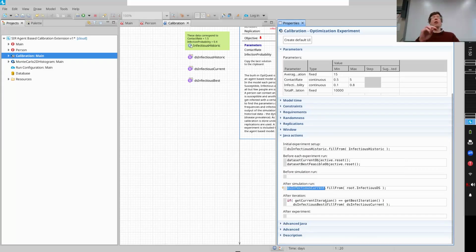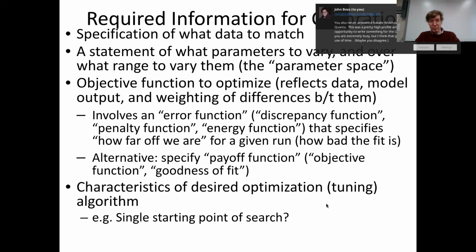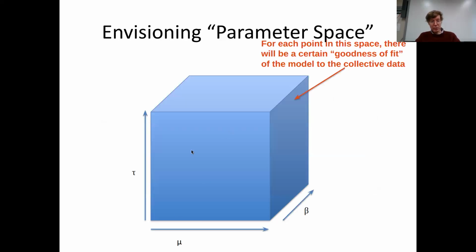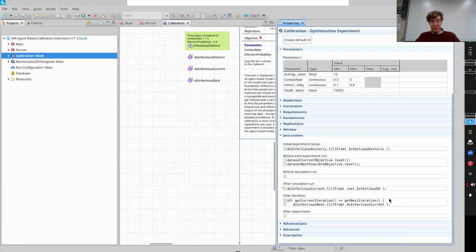And then after we run the model all the times that need to be run for a particular assumption, for a particular point within this, we would then compute whether or not it's the best such iteration.